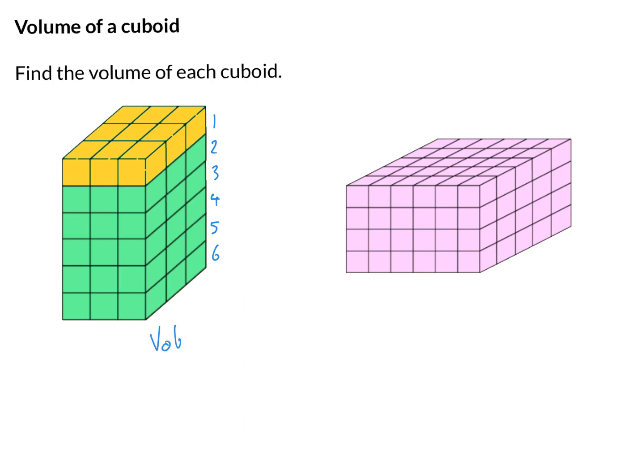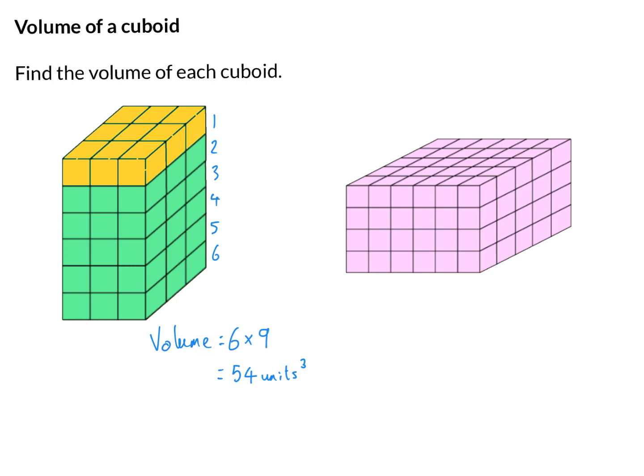The volume of this cuboid is 6 lots of 9. 6 lots of 9 gives us 54. Now, we don't know how big each of these cubes are, so we can just say that it's cubic units. Now, that's much quicker than counting individual cubes.